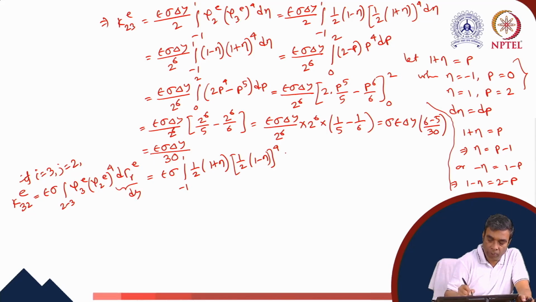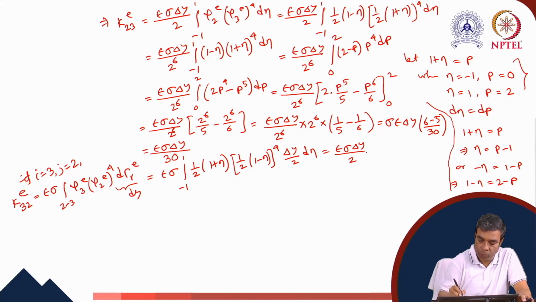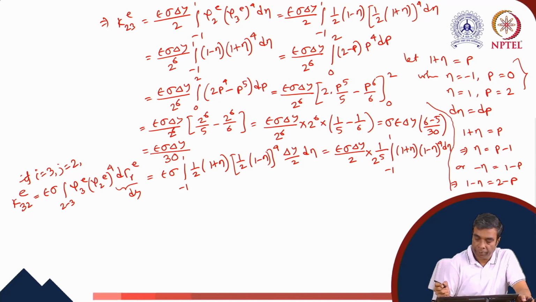So dy equals the Jacobian, delta y by 2 d eta. The determinant of the Jacobian is delta y by 2, so this equals epsilon sigma delta y divided by 2 into 1 by 2 to the power 5, integration from minus 1 to 1, 1 plus eta into 1 minus eta to the power 4 d eta.